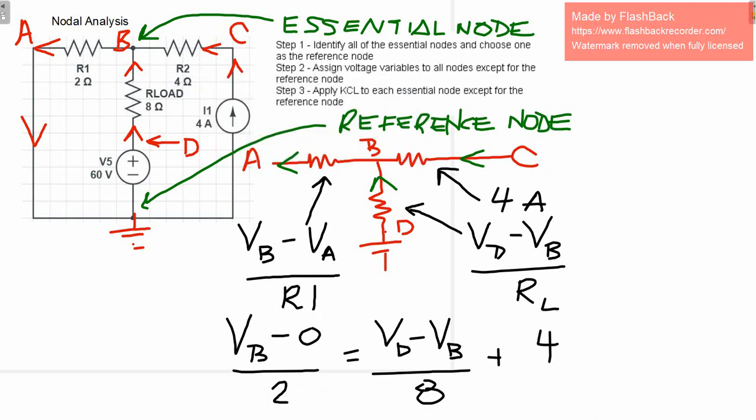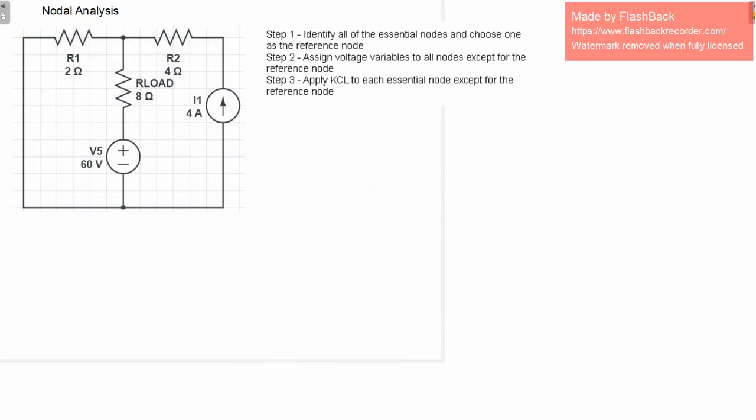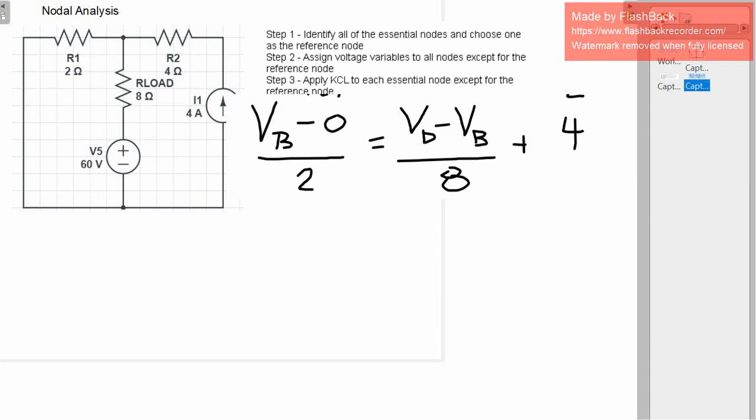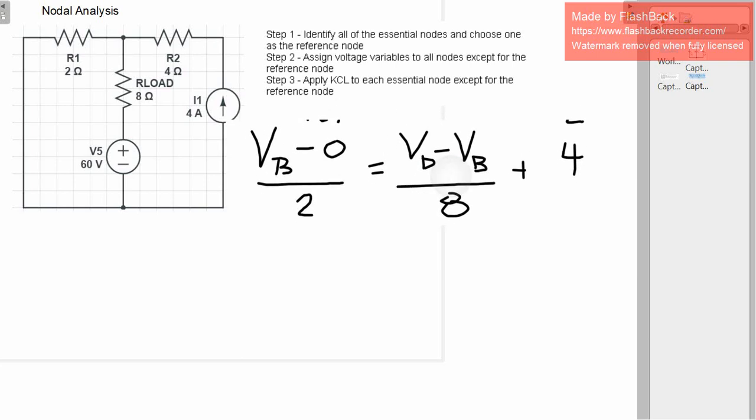Now, if we just take that equation and move it to the next step here, this is what we have. Now you might notice something about VD. VD is at the top of the voltage source, if you will, which is really 60 volts. So we actually know what VD is.